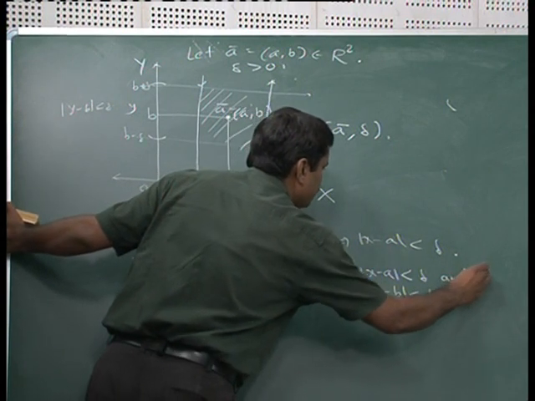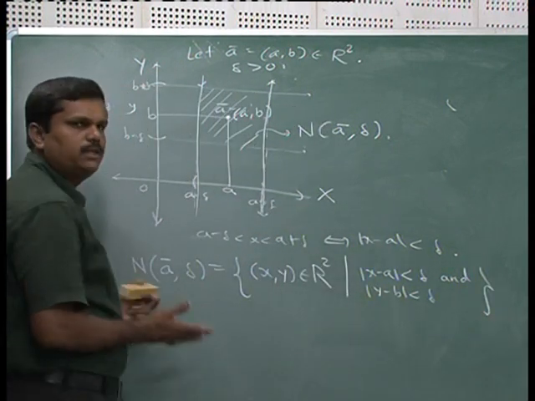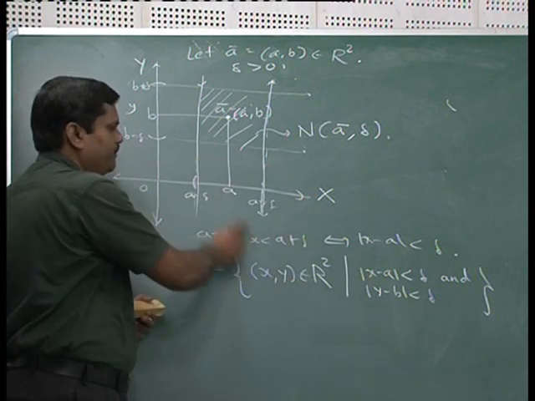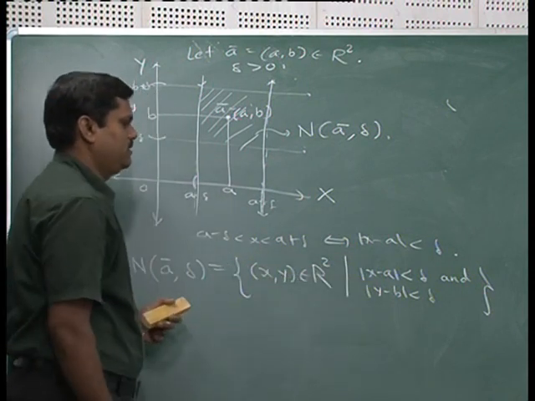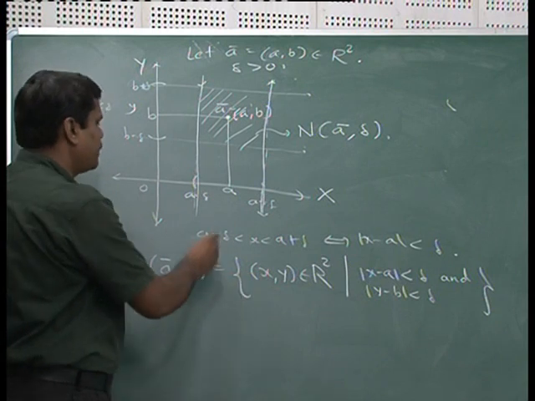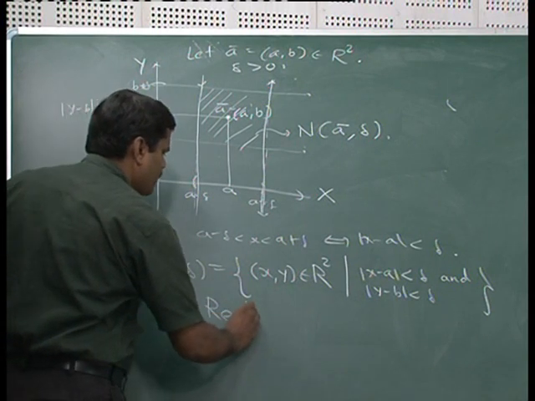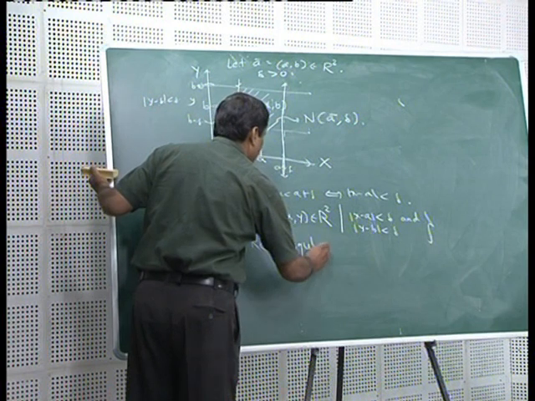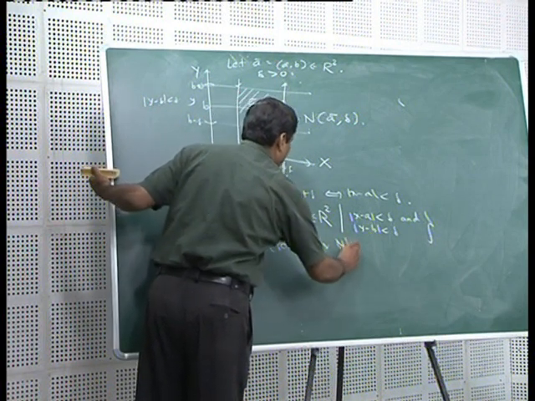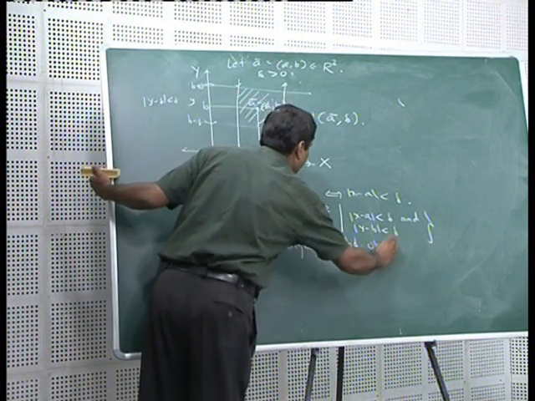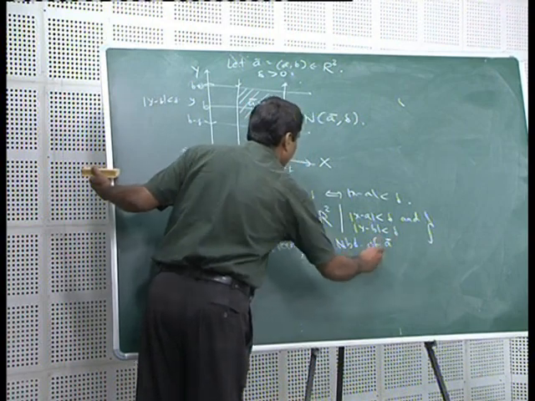It is important that we collect all the points in R2 which satisfy both conditions. Such a set is called the rectangular neighborhood of the point (A, B), that is, of A bar.